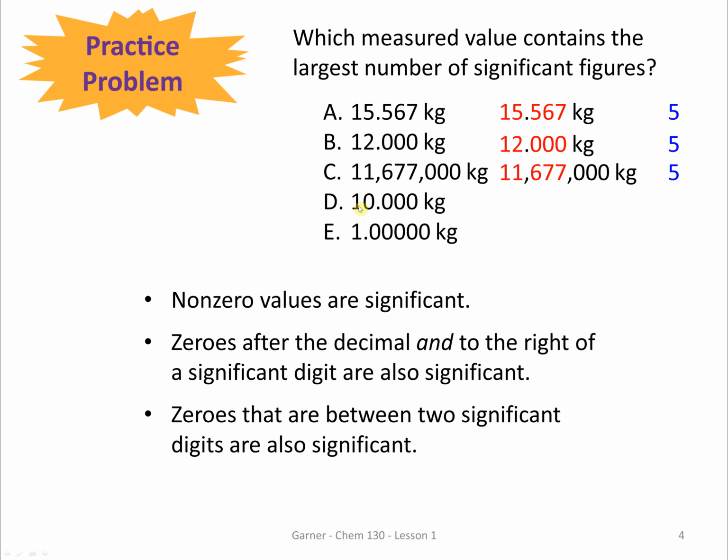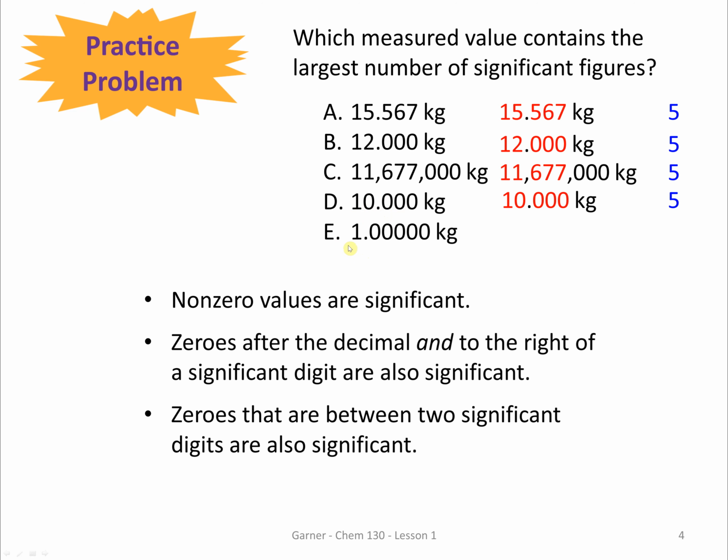The first 0 is to the right of a sig fig, but it's not to the right of the decimal point. But this digit is still significant because it's between 2 other sig figs. It lies between the 1 and these significant zeros over here. So that first 0 is going to be significant as well. So choice D contains 5 significant figures.